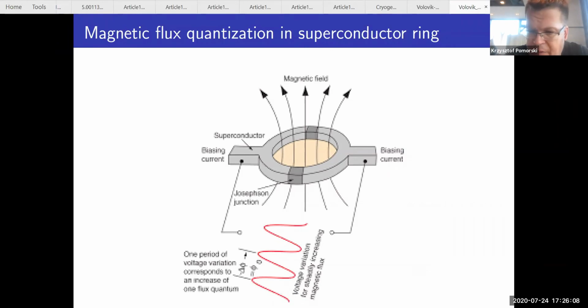The macroscopic wave function has a single value. So after rotation around the loop, the wave function phase must be changed by a multiple of 2 pi n.